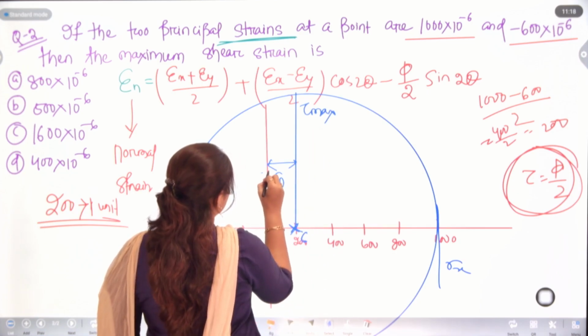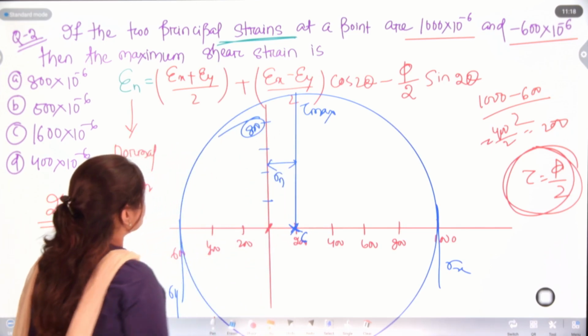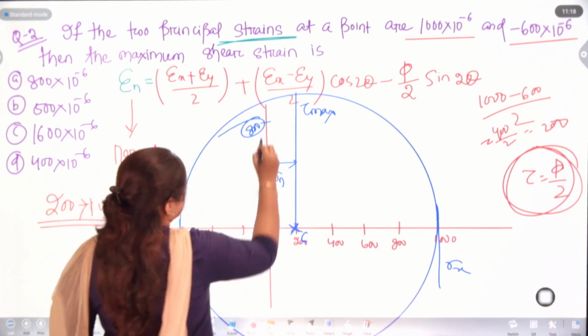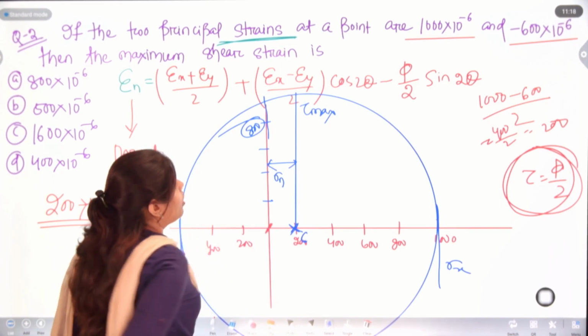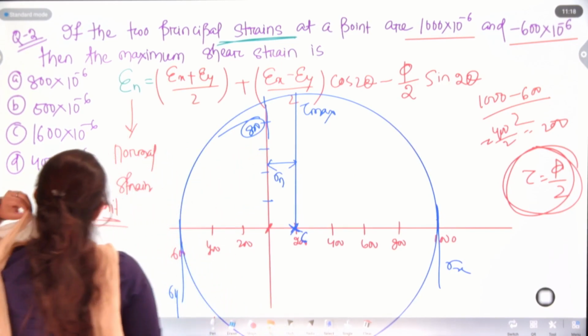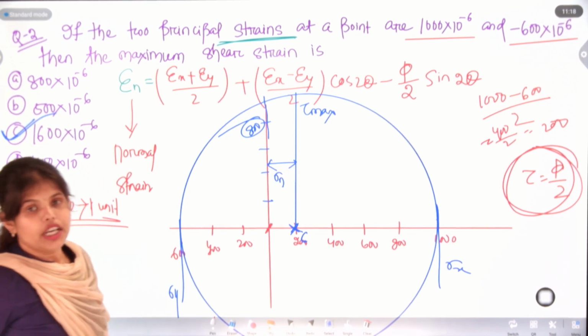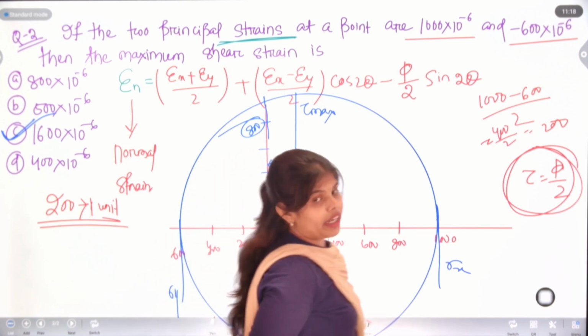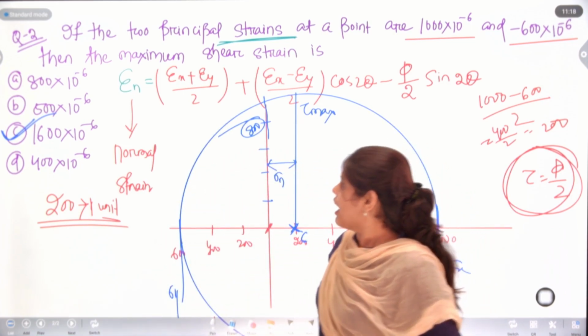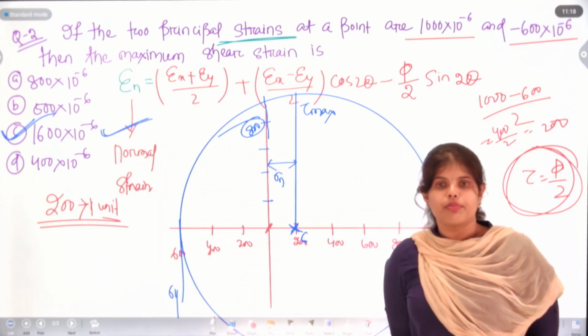Okay, 200, 400, 600 or 800. So, if we draw it using AutoCAD, you can have the value of tau max and this will be your answer. You can check this question by using the analytical method and you will have this as your value.